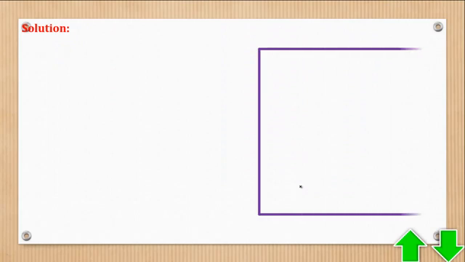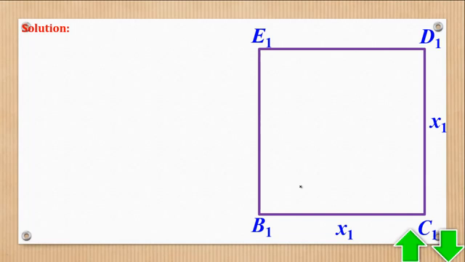So here we shall need some diagram. We shall need a relatively bigger square because we are going to do multiple inscribing. Let x1 be the side length of that square. We already know from the question that x1 is equal to 1, but I've put a variable for you to get the pattern.